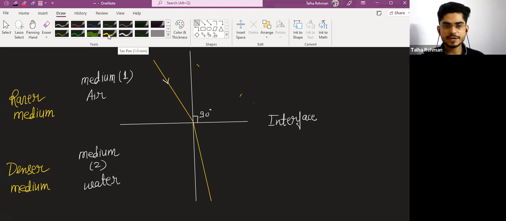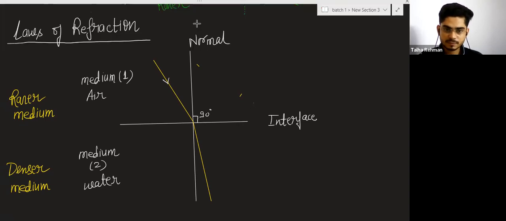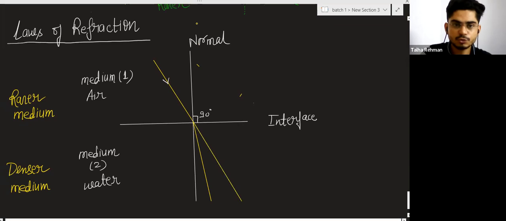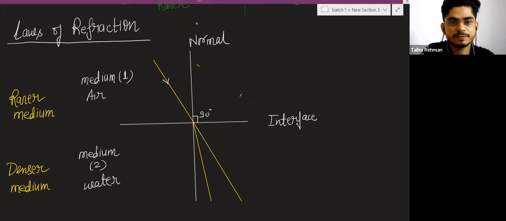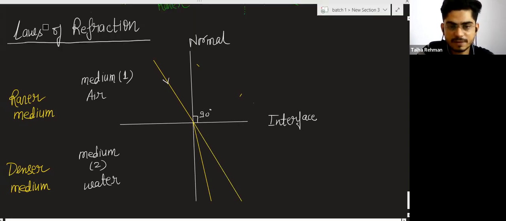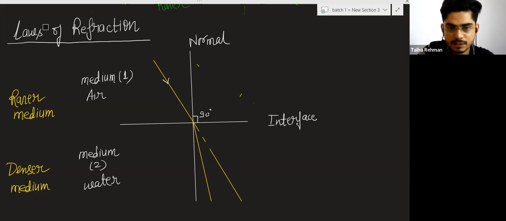If there is no medium change, then light may go straight like this. But due to the medium change, the light is traveling like this. This is not the actual path of the light, this is the actual path of the light.